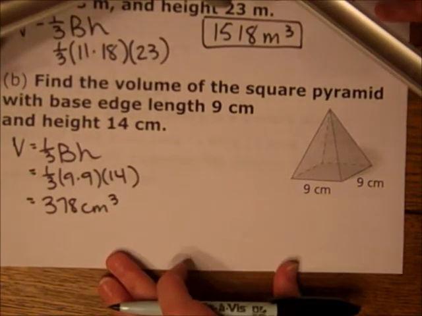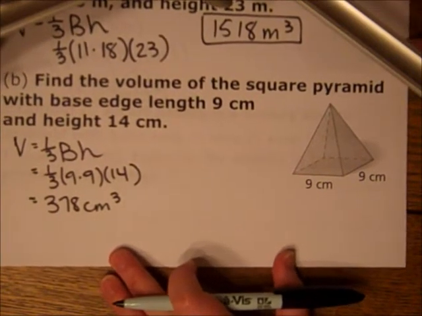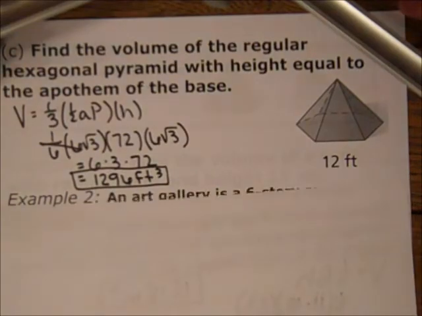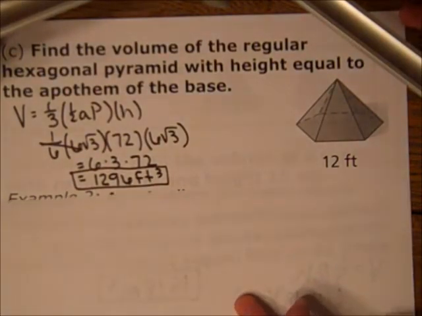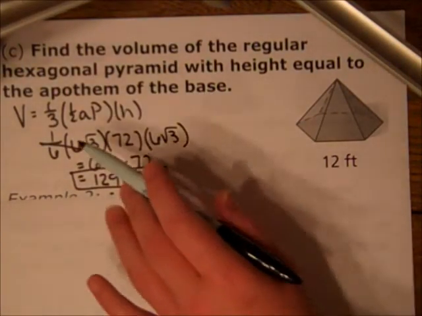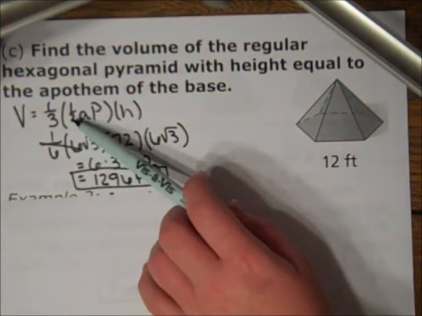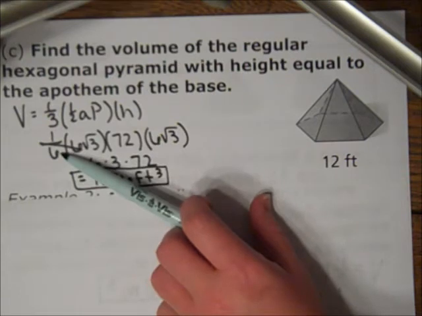Okay, so for the square pyramid, we have 1/3 times 9 times 9 times 14. So that would be 378 centimeters cubed. For the hexagonal pyramid, I went ahead and substituted base with 1/2 AP. So I had 1/3 times 1/2, which was where I got the 1/6.